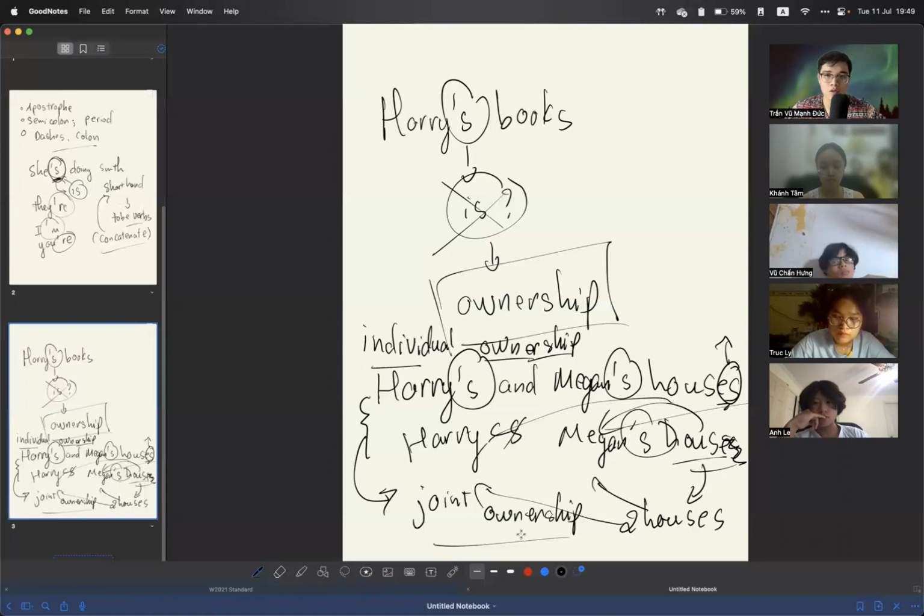Many of my students know one thing, but when they are in the examination environment, they get confused, right? And they get pressured.